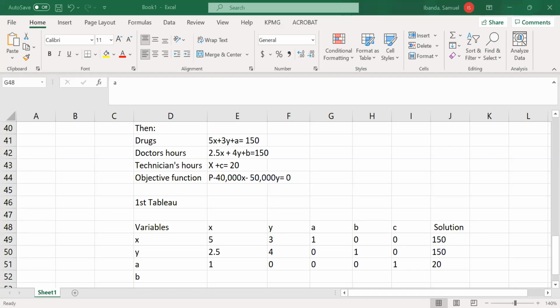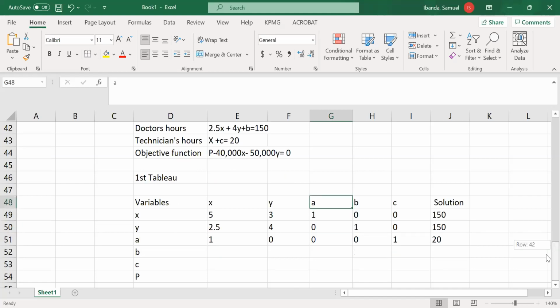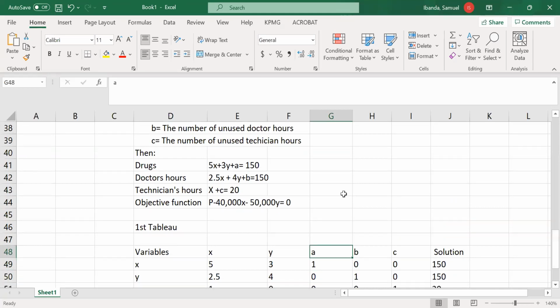So after we have done that, we'll do the last one that we are looking at. From what we have, we have this other last equation of P. So this P is basically what you would call your so-called solution, okay?